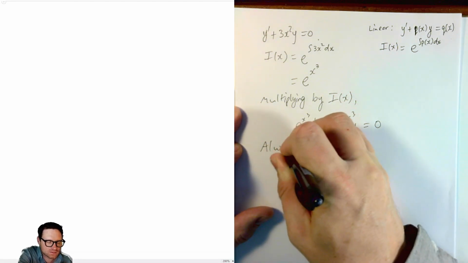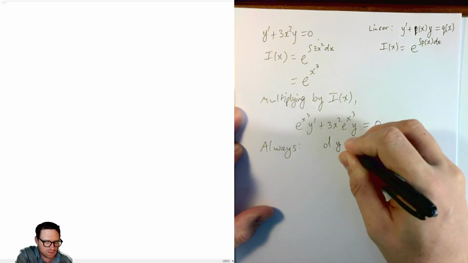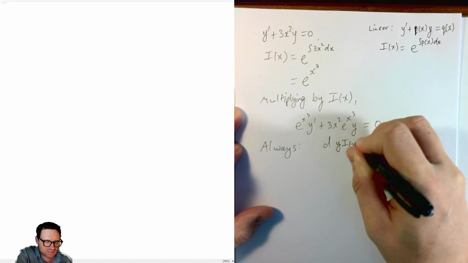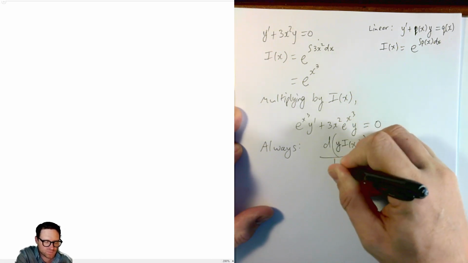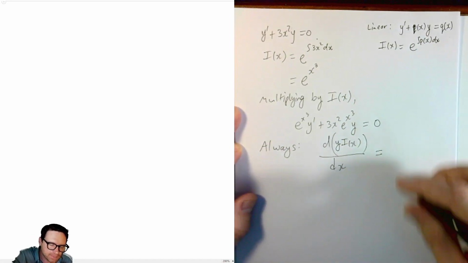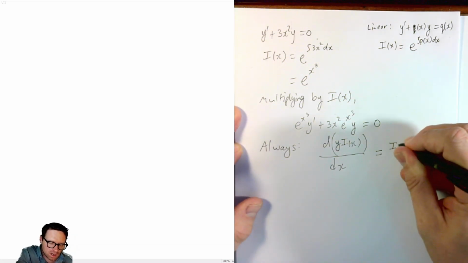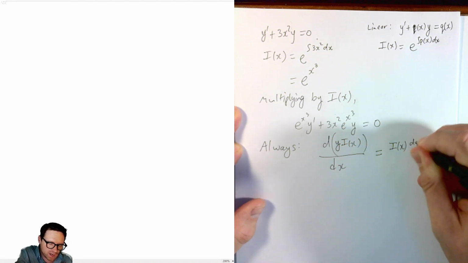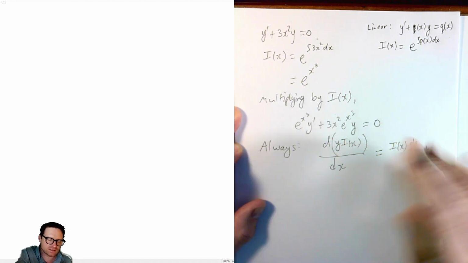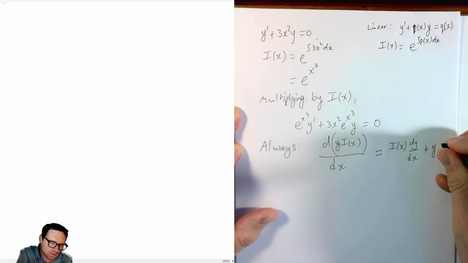So always, the derivative of y times I of x with respect to x is equal to, just using the product rule, I of x dy on dx plus the other way around, y di on dx, which we'll call I dash of x.